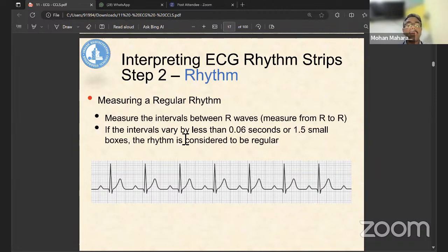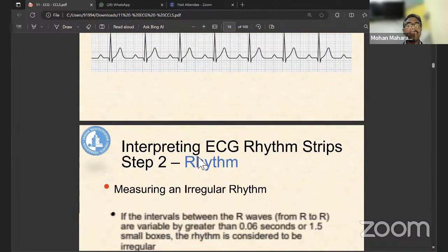If the interval varies by less than 0.2 seconds or 1.5 small squares, this is a small square, we'll show in the coming slides and classes, the rhythm is considered to be regular. That's what you need to understand.